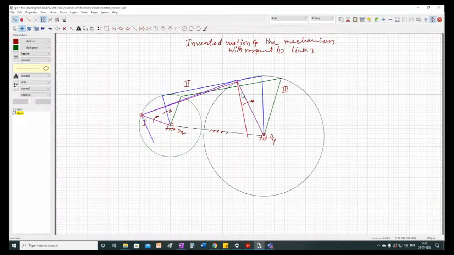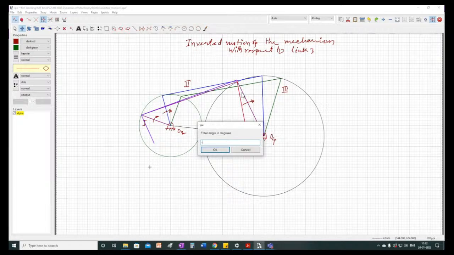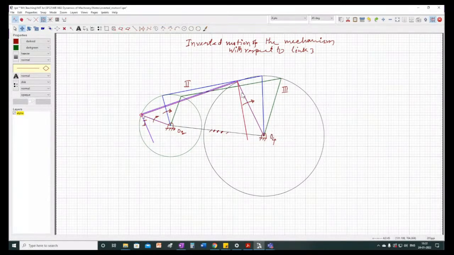Not exactly matching, you see some difference is there, so you have to rotate it. Maybe this may work. Okay, this is not exactly matching, and there is another reason.